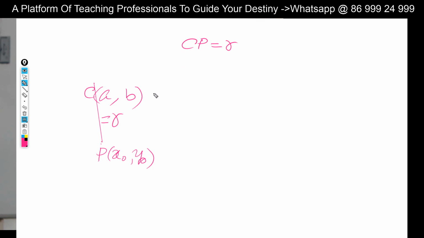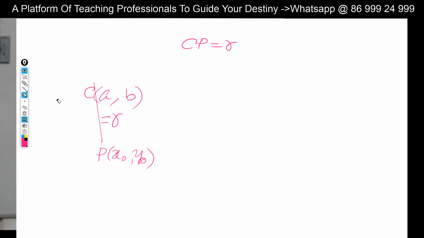Now, what does it mean? If you take whatever the point on the plane, all these points are at equal distance from C. Let me show you that.